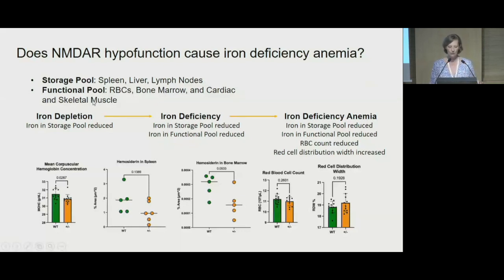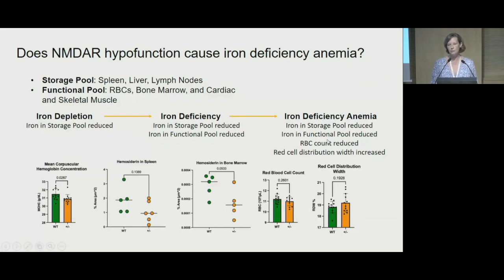So we haven't looked at all of these, but what we see is that in the first stages of iron depletion, you would only see the change in the storage pool, but there would be normal levels in the functional pool. In iron deficiency, there are reductions in both the storage and functional pool. And then in iron deficiency anemia, that's where you actually have some red blood cell loss.